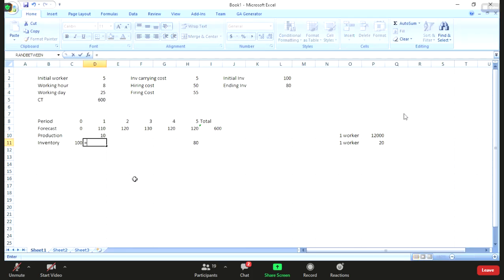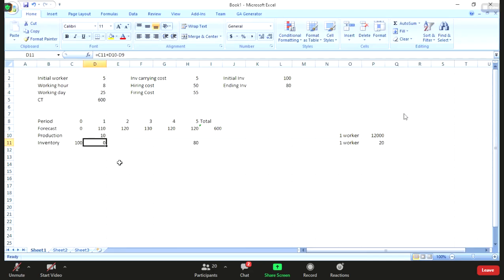The inventory will be our stock, plus our production quantity, minus the requirements. It equals 0. See, when we implement chase strategy, we will have no inventory, like that.